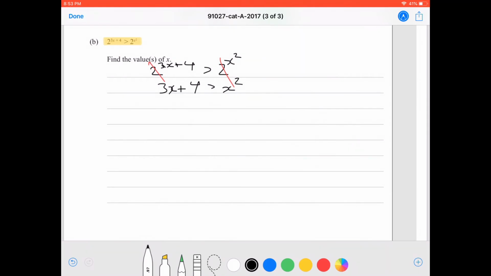Okay, rearranging, we can see a quadratic starting to form. I'm going to keep x squared on the right hand side because I like having positive x squared. And you've got minus 3x minus 4. Okay, factorizing. Our 2 numbers are positive 1 and minus 4, so x plus 1 and x minus 4, and that's less than 0.